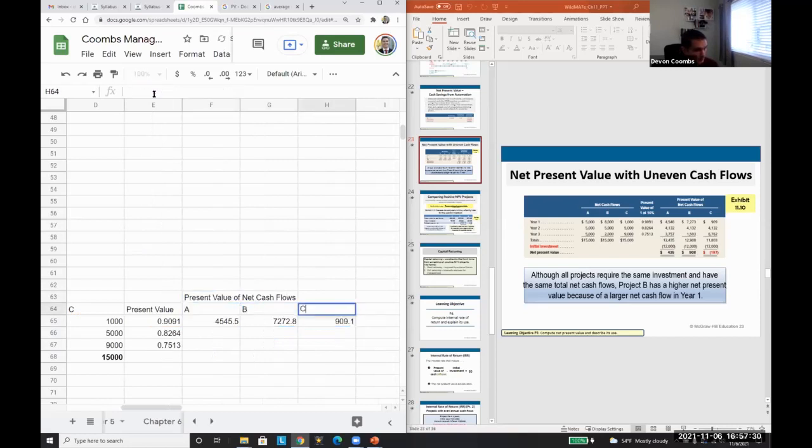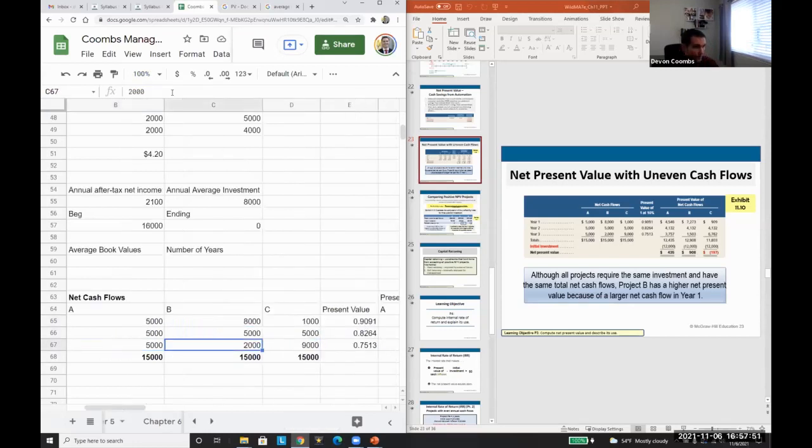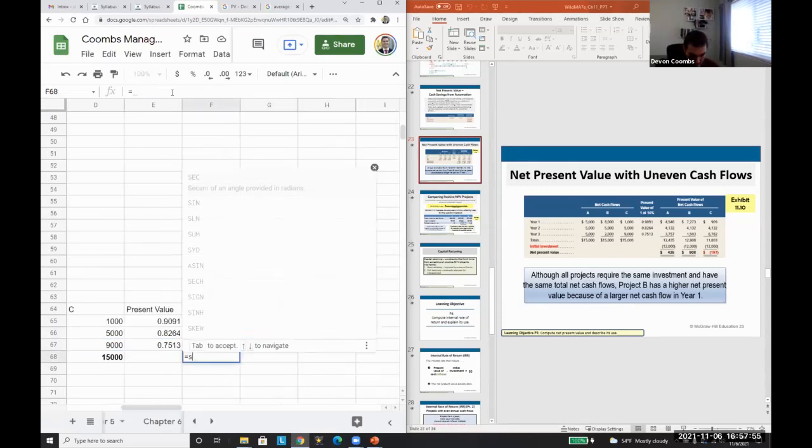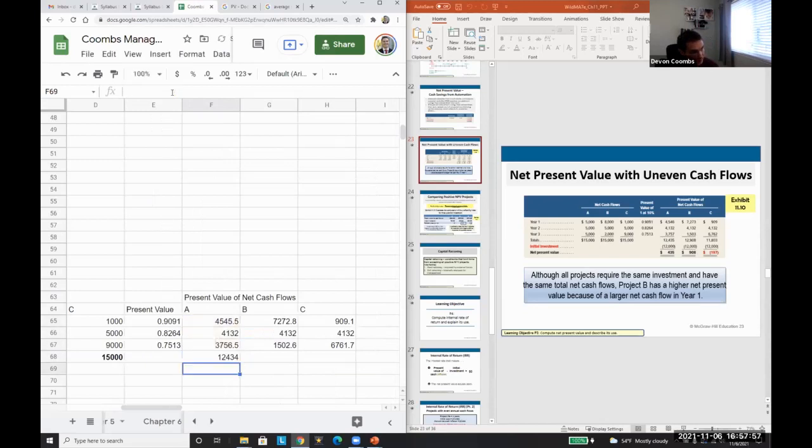A, B, C. So we're just multiplying these out by the rates that we talked about using present value, and we get the present value by project.